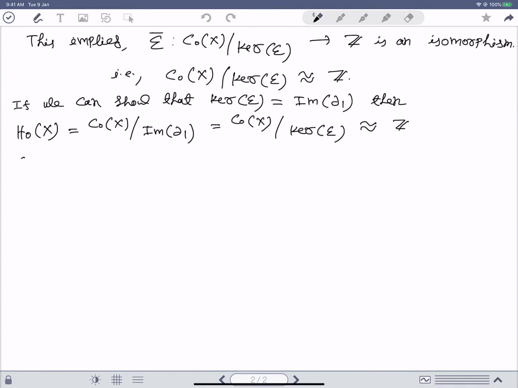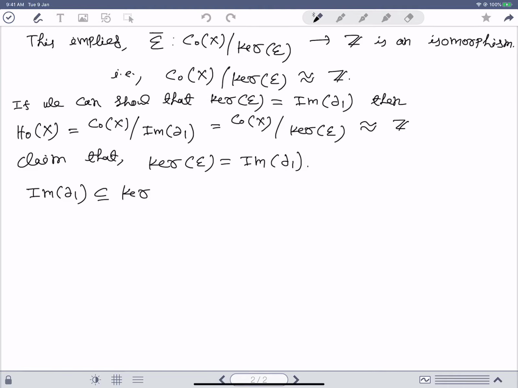So now we claim that the kernel of epsilon is the same as the image of del 1. First we prove this portion, that is the image of del 1 is a subset of the kernel of epsilon.